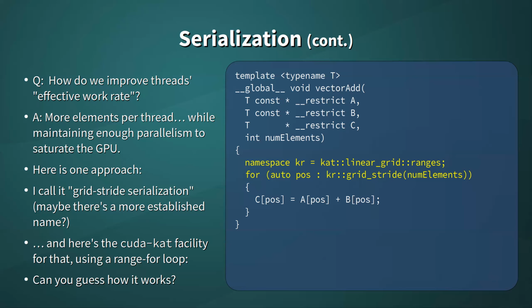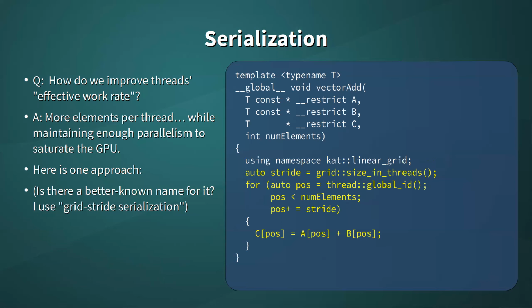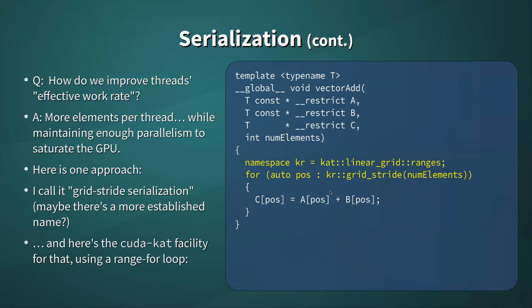But the trick here is that each thread does not use the exact same integer range. So I'll go back to the previous slide. The way the threads in the grid cooperated is they each used the same stride, but each of them started from a different position. And this is just kind of encapsulated into this integer range.